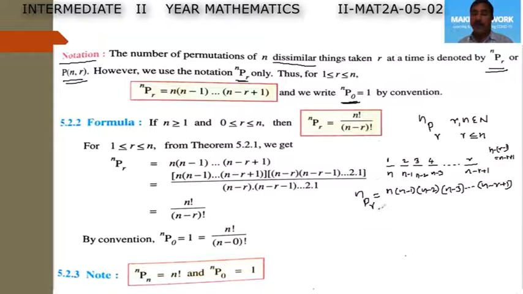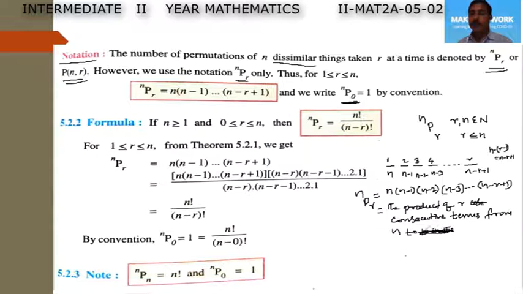So nPr can be considered as the product of r consecutive terms from n in the descending order.